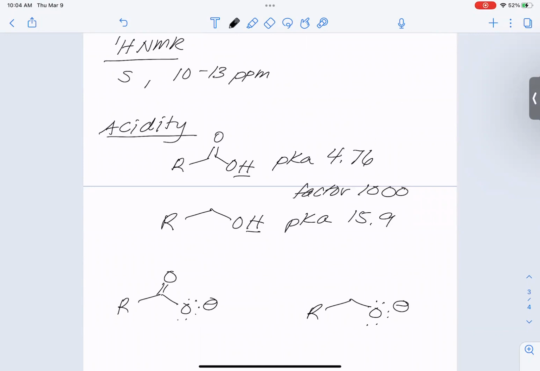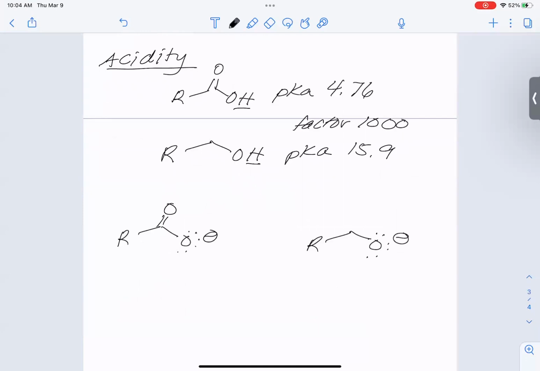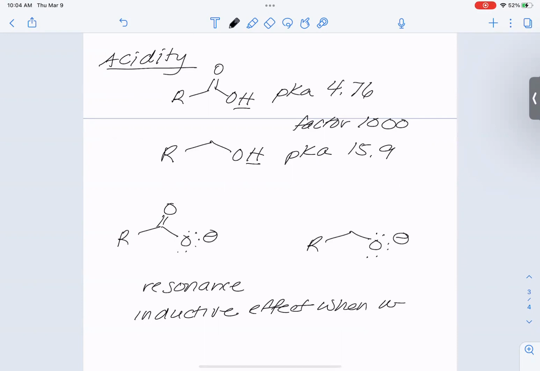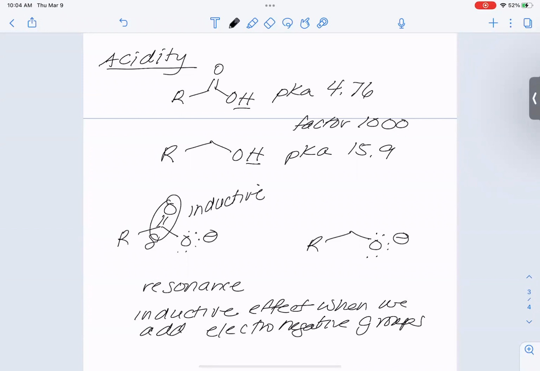Resonance. All right, yeah, so resonance. Tommy, do you have something also? Inductive. Yep, okay. So we have several things going on here. You have resonance in favor of the carboxylic acid, and we also can have the inductive effect when we add electronegative groups. And the carbonyl itself is inductive. We talked about this. There's a delta positive. It's an electron withdrawing group.